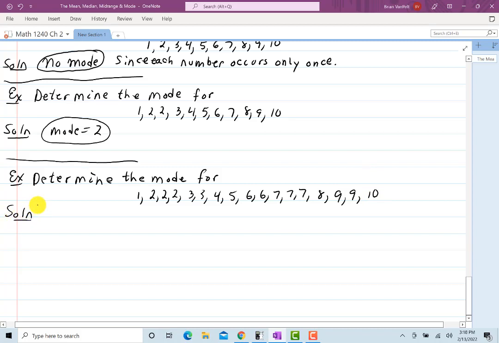Now we have more than one mode. If you look, the 2s occur most often, 3 times, and the 7s also occur most often, also 3 times. So we simply write mode equals 2, 7.